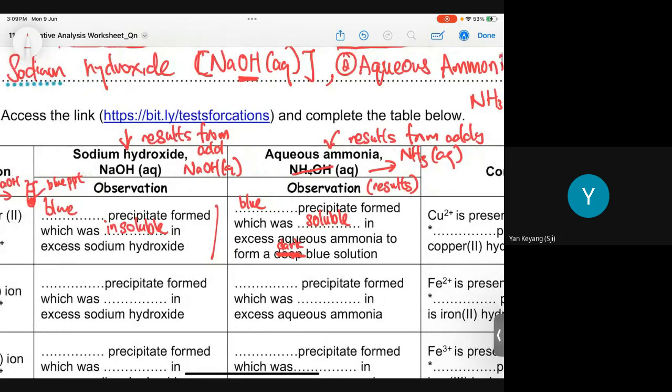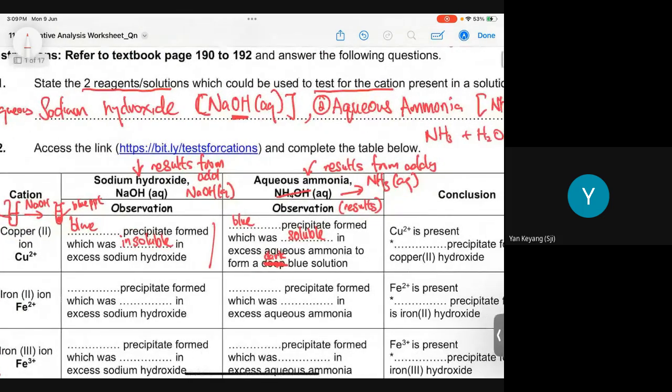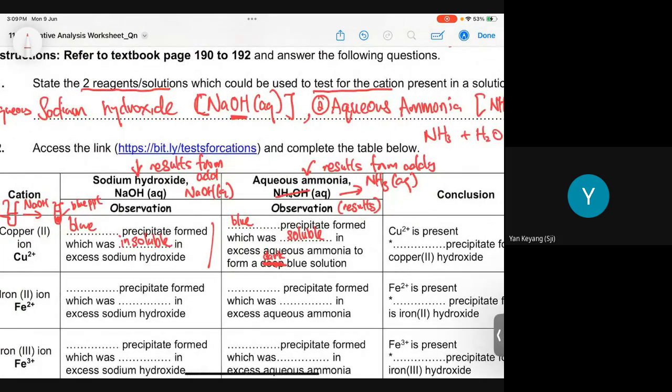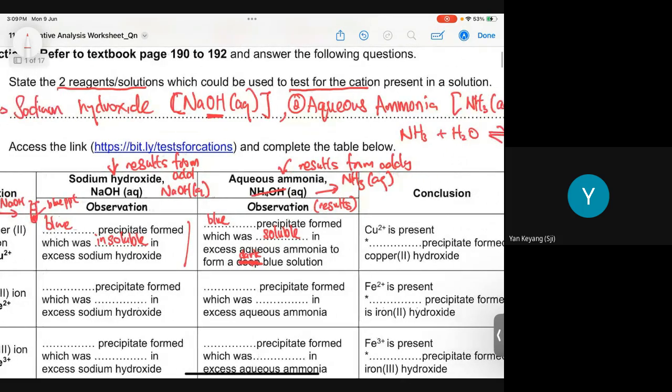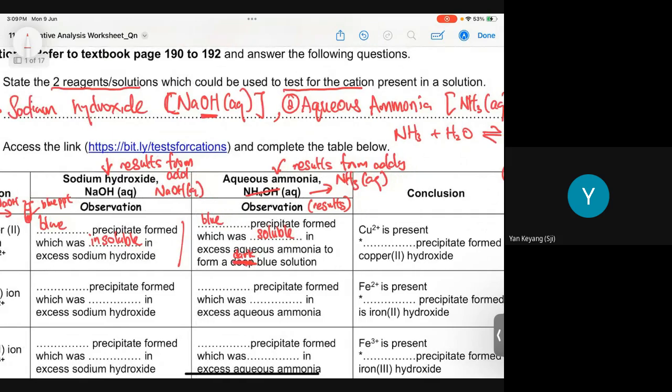To form a dark blue solution. So you can see the observation differs. Although both give blue precipitate, one is insoluble in excess sodium hydroxide. The other one, when you do a new test to it, is soluble in aqueous ammonia. So whenever you get this result, you can conclude that copper 2 ion is present.